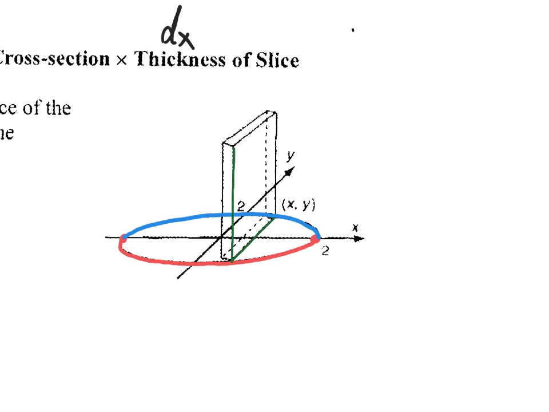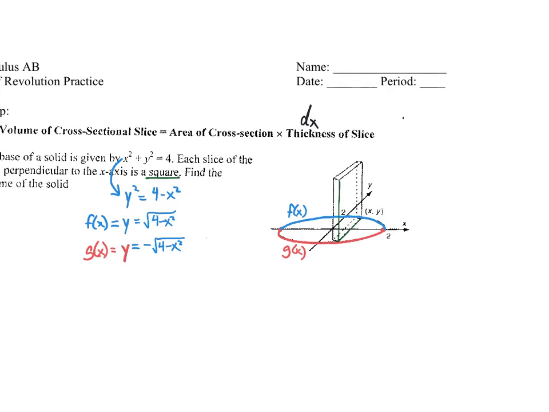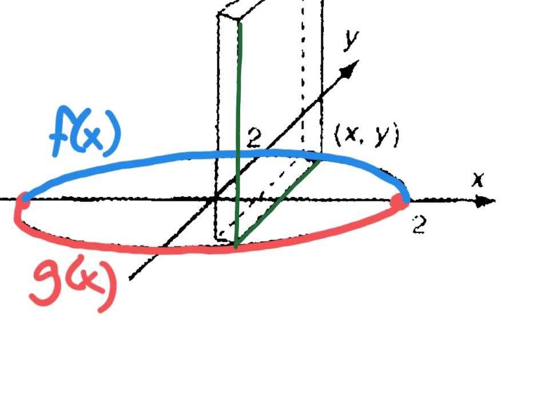So let's go ahead and call the upper half f, just for ease here. There's our f of x, and we'll call this our g of x. And g of x is right here, and the f of x is right here. So, if we're looking at this square, each side of the square is going to be f of x minus g of x.